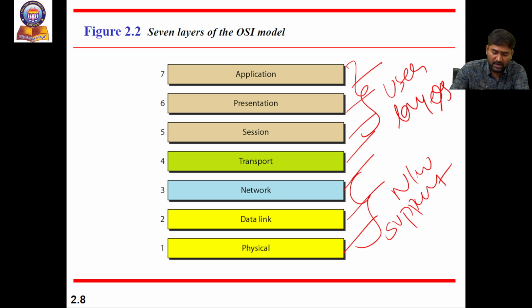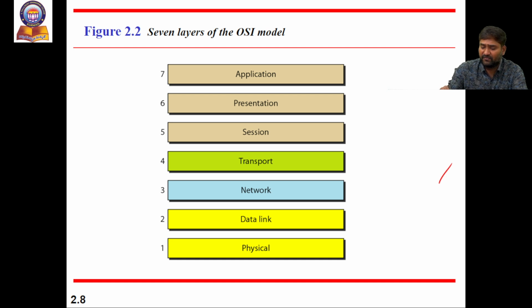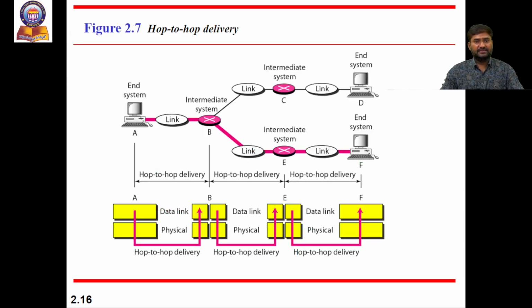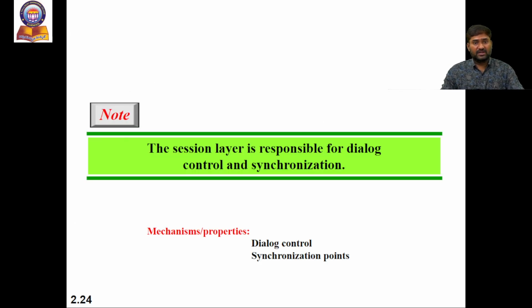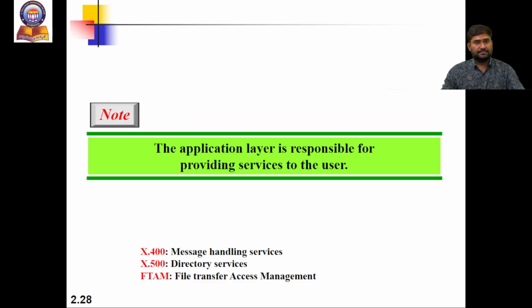I start with the topmost layer, the application layer, since it is easy for people to understand when I start with the application layer. The application layer's responsibility is providing service to the users.